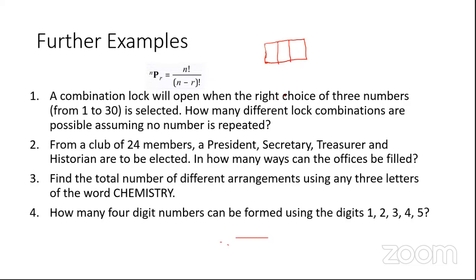So it's just the same. You can use the principle of counting. You can also use your permutation. If you are using the principle of counting, we have how many numbers from 1 to 30. What they are asking here, they are not asking for the correct key to unlock or open such a lock.